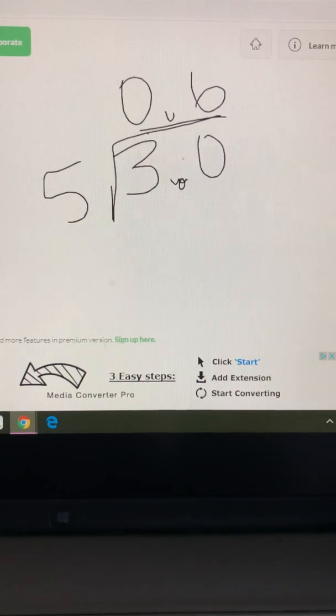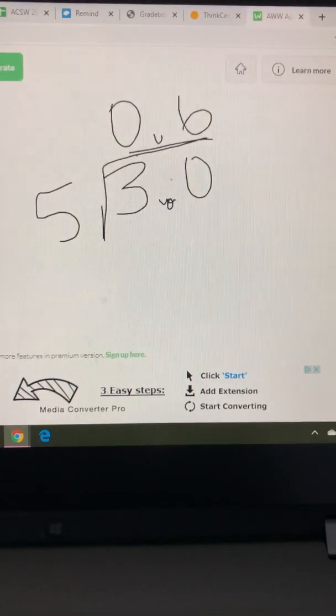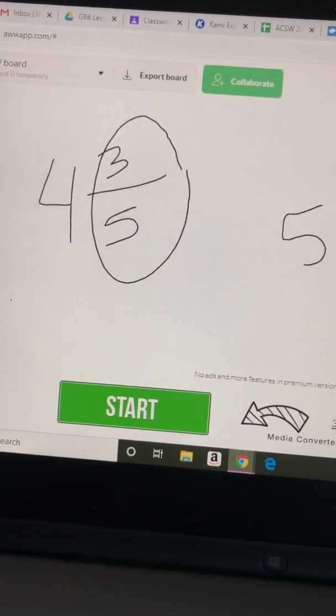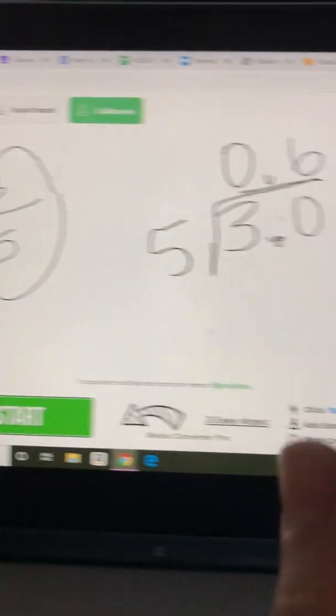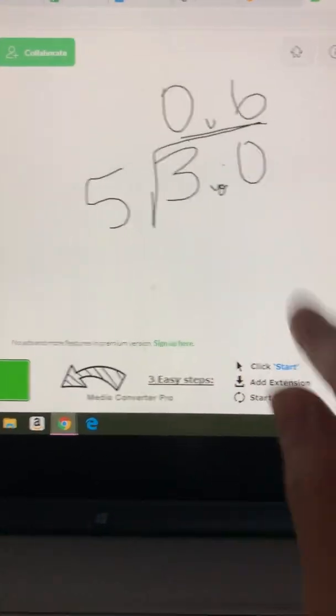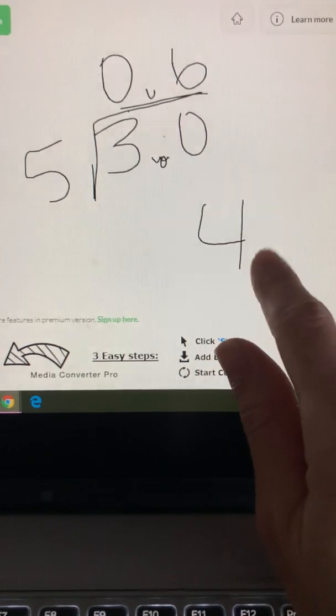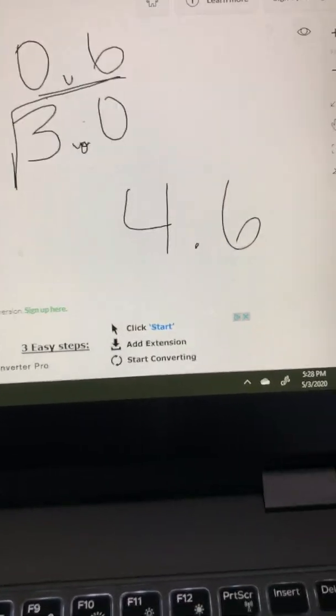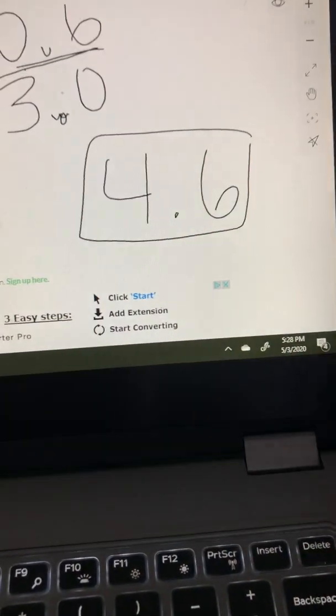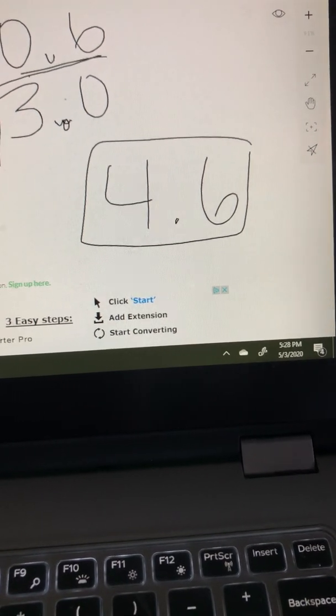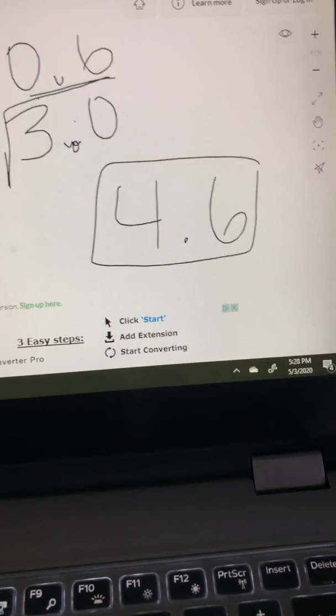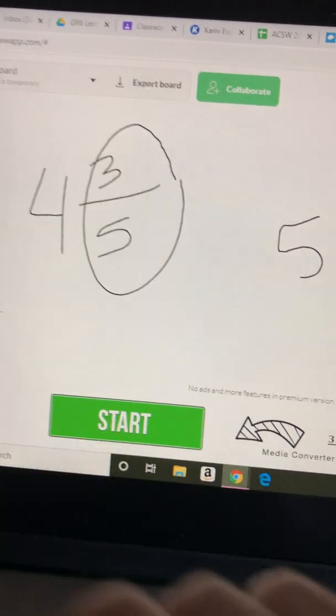Okay, and that's your decimal. So now we go back to the whole number. We're going to take that whole number and combine it with 6/10. So you'll have 4.6 as a decimal, and this is the decimal form of 4 3/5.